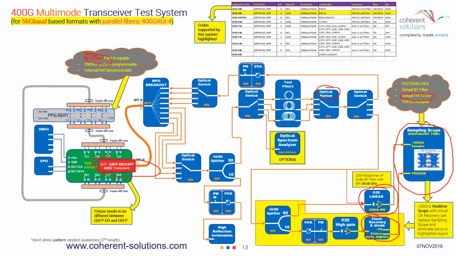The intent is that the oscilloscope can basically emulate the FFE 5-tap filter using software and digital signal processing rather than actually having hardware filters inside. Because of this, it can quickly adapt between many different standards. So, what is required is an oscilloscope, whether it be equivalent time or real time, that has this filtering capability built in in order to actually measure these PAM4 signals.